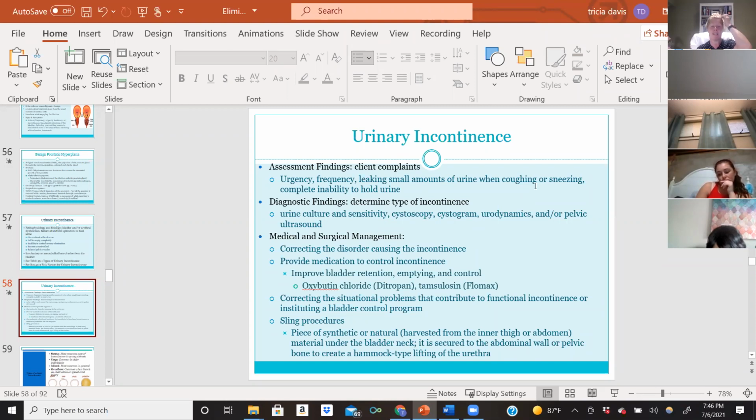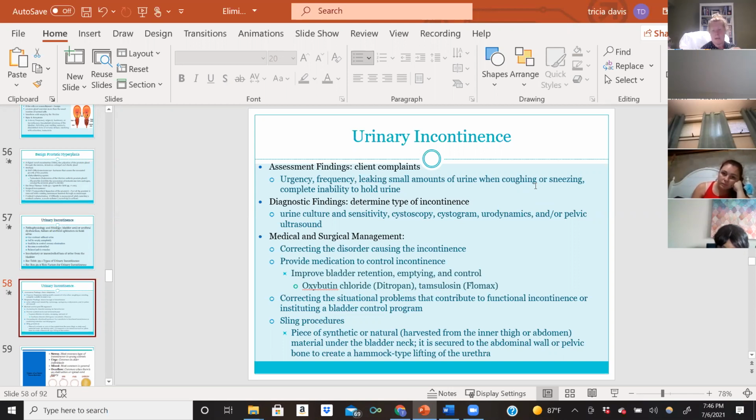So two of those medicines that we see a lot are oxybutynin chloride or Ditropan, and then there's tamsulosin or Flomax. Flomax is also another one of those medicines that we use for blood pressure because it relaxes BP, relaxes the prostate. So it also has the same effect on your blood vessels.